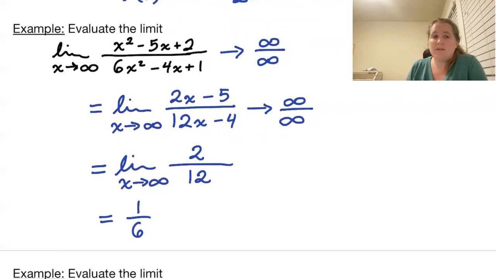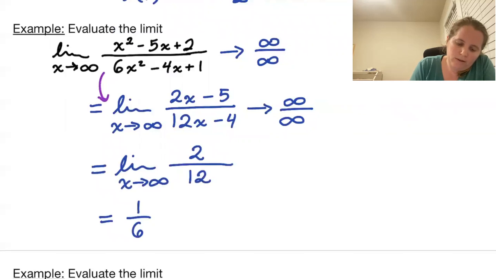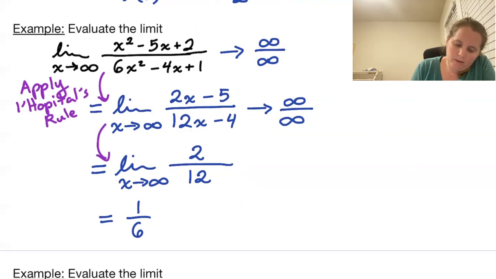If the degrees matched, we got the ratio of the leading coefficients, right? So again, here we applied L'Hopital's rule once, and then again, we applied L'Hopital's rule.